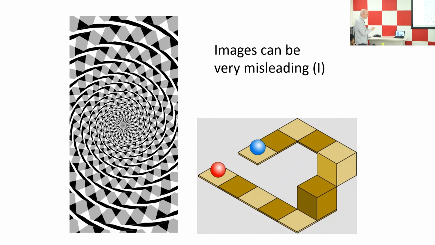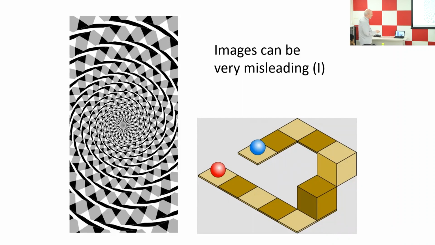For instance, in this case, what do you think you have? You think you have a spiral here, right? Well, it's not a spiral. They are concentric circles, and it's just an optical illusion, because our brain is unable to decode what we see in terms of concentric circles, and we see a spiral.